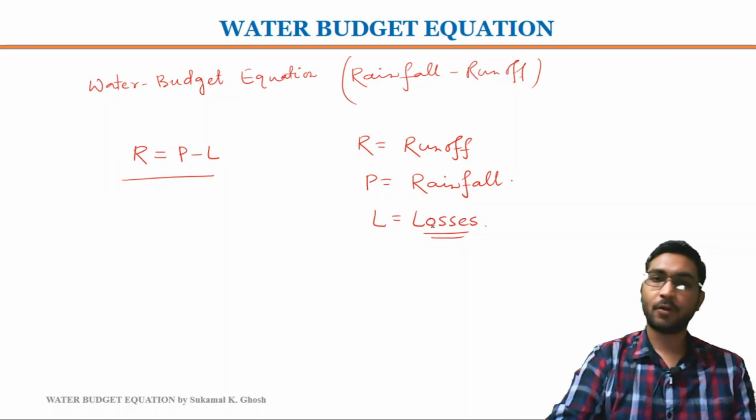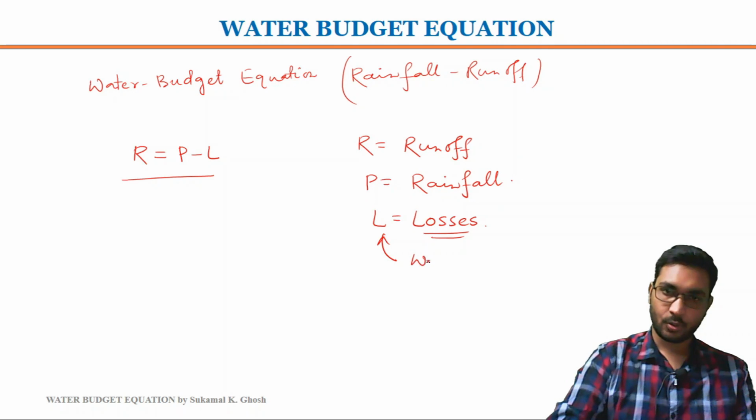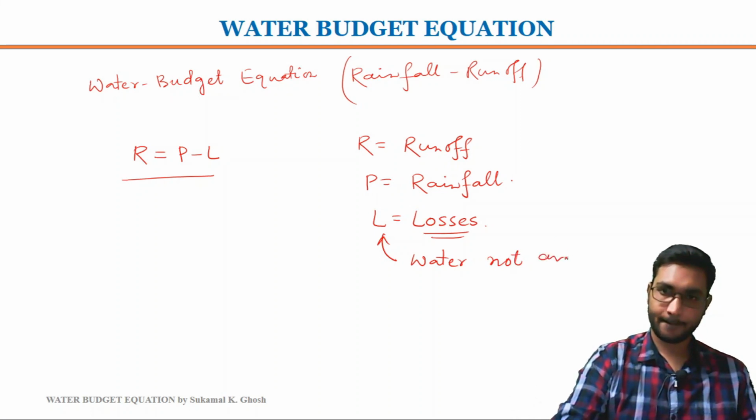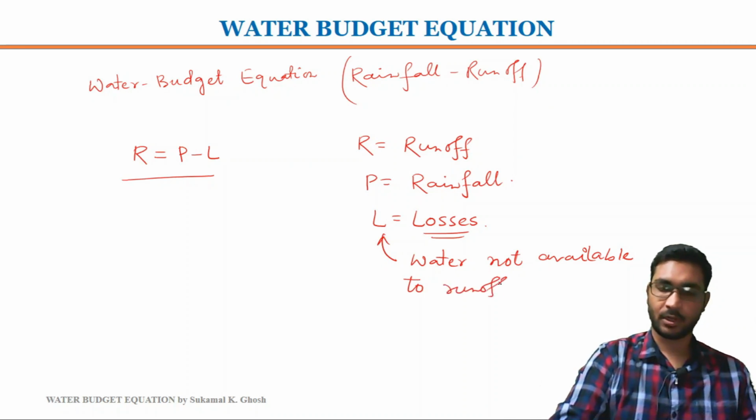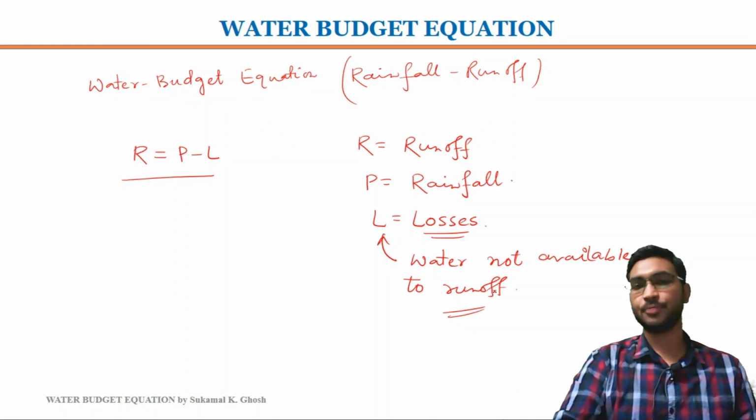So what kind of losses is that? This loss is the water not available to runoff, or the water which does not contribute to the runoff.